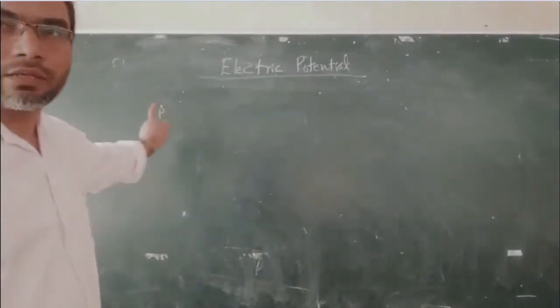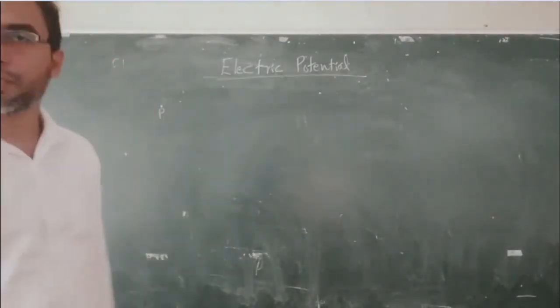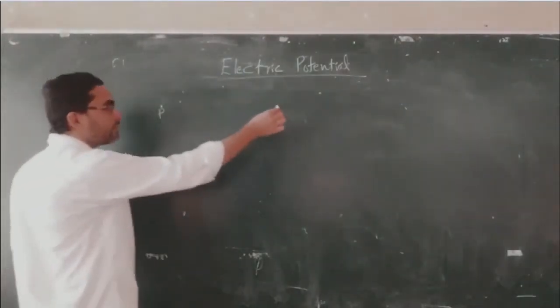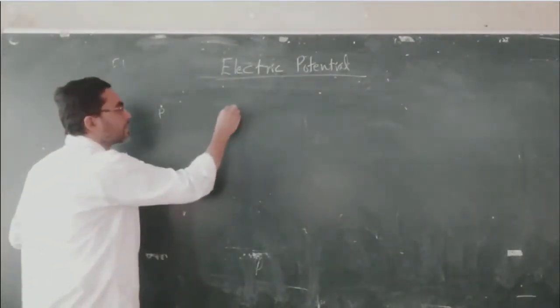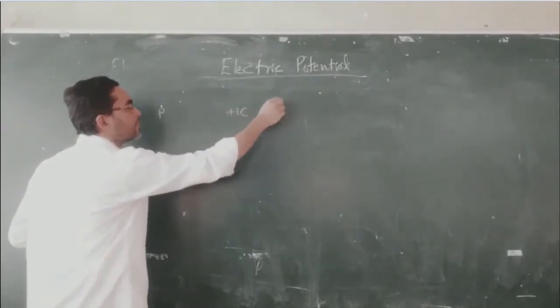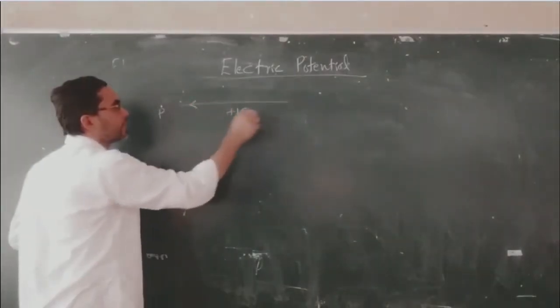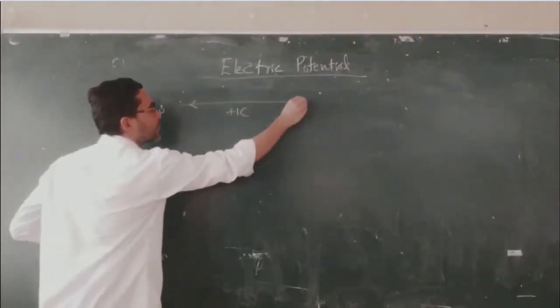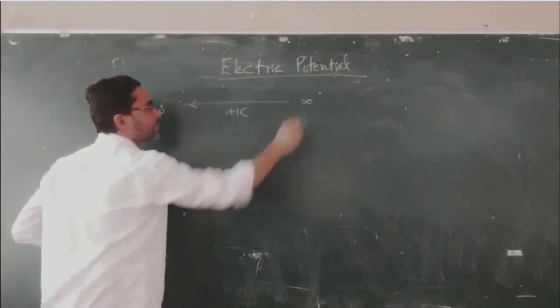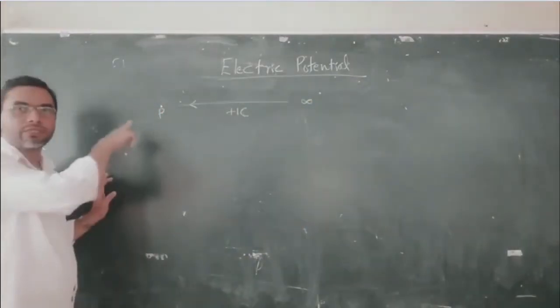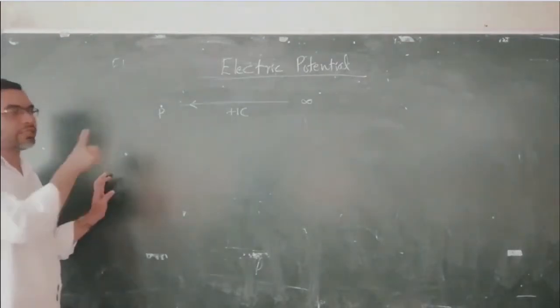So what is meant by electric potential at that point? Electric potential at any point in an electric field is defined as the amount of work done to bring a unit positive charge from infinity to that point. That is, you are bringing a unit positive charge, plus 1 coulomb, from infinity to that point without any acceleration.